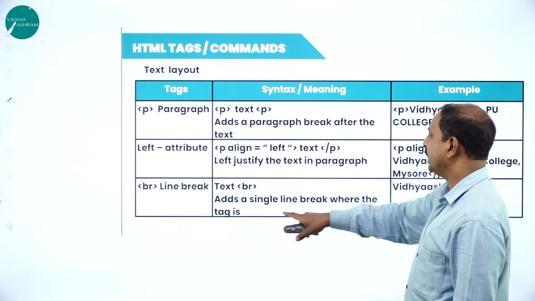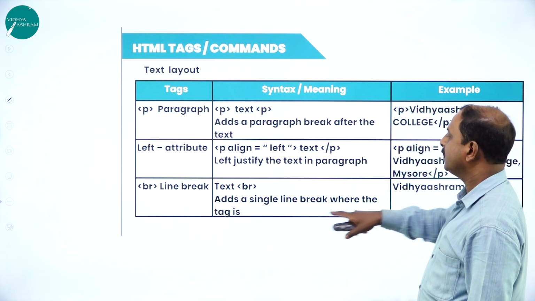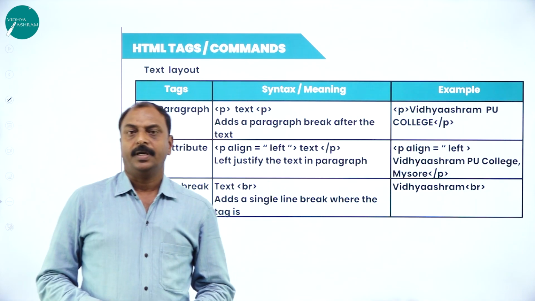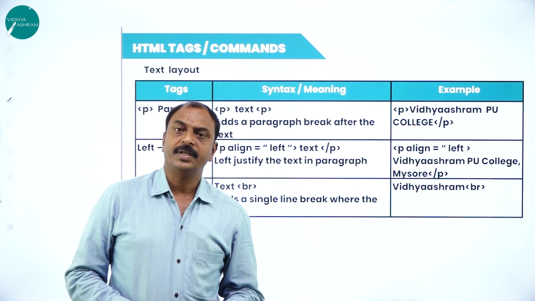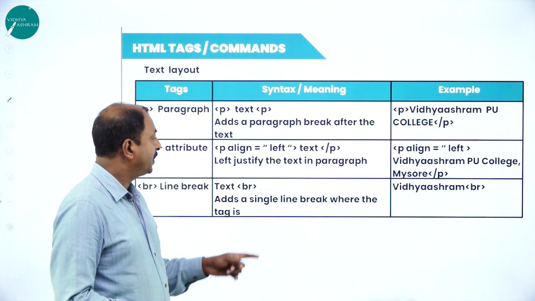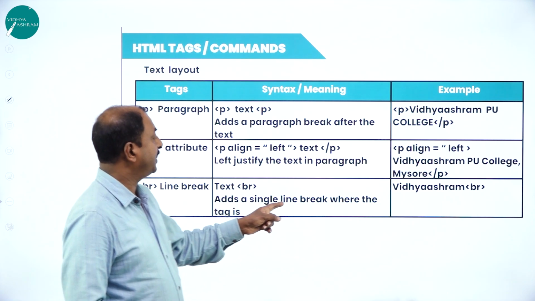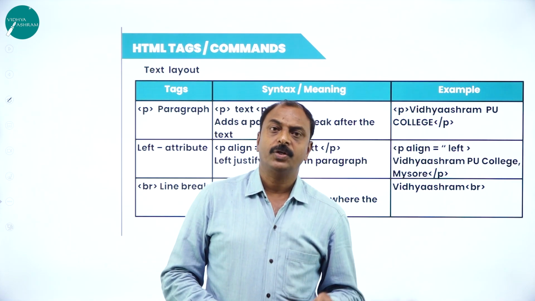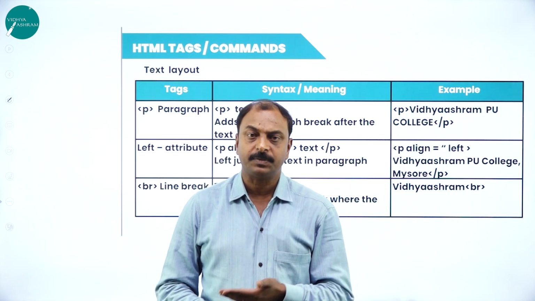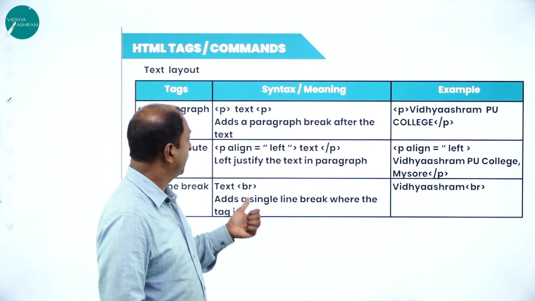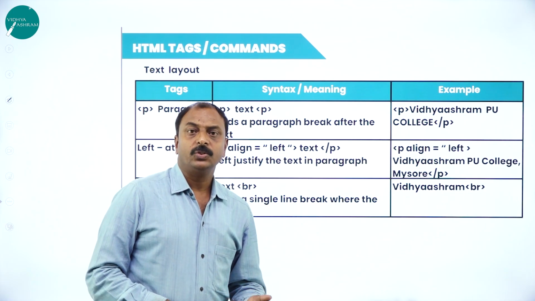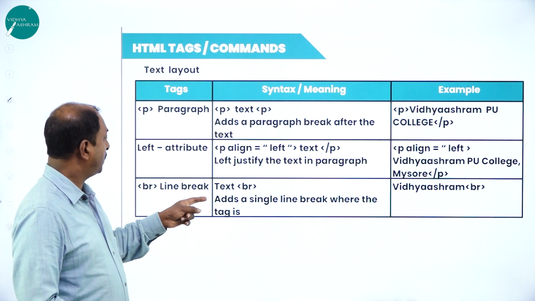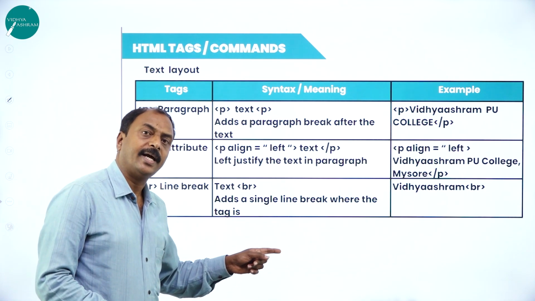It adds a single line break wherever the tag is. If you want a 2 line gap, we can use this BR tag twice. So this is the BR tag, the line break tag.